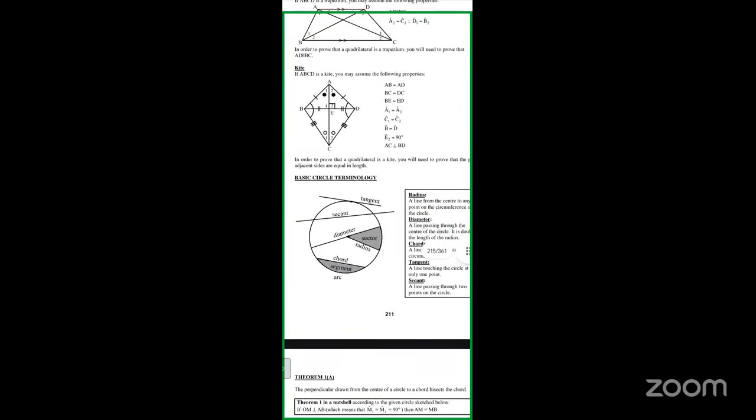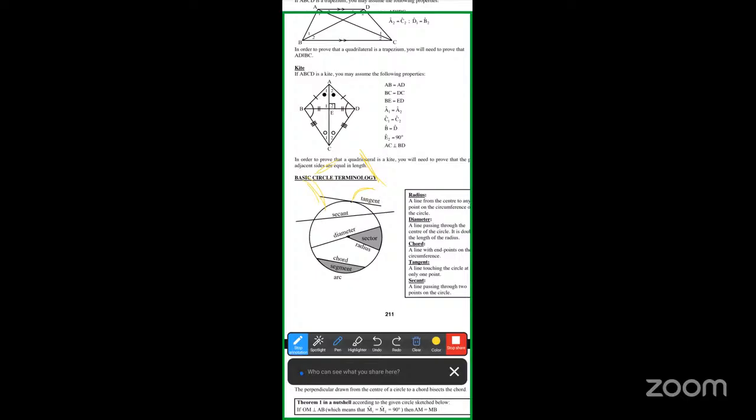So a radius is a line from the center to any point on the circumference. That line is a radius. And the diameter is the line from any point on the circumference that passes through the center, just like we can see in this one: a diameter starts here at that point on the circumference, passes through the center, and moves to that other point on the circumference.